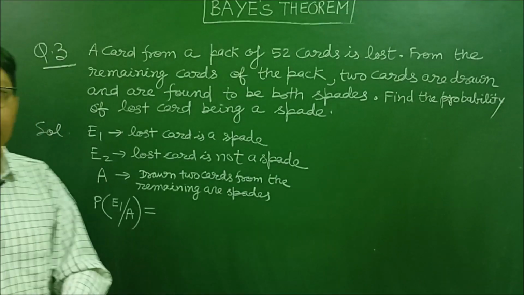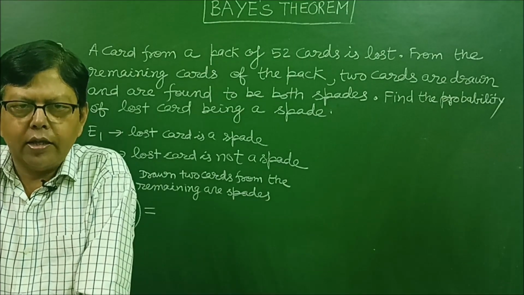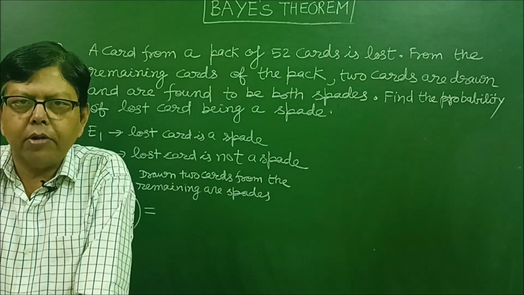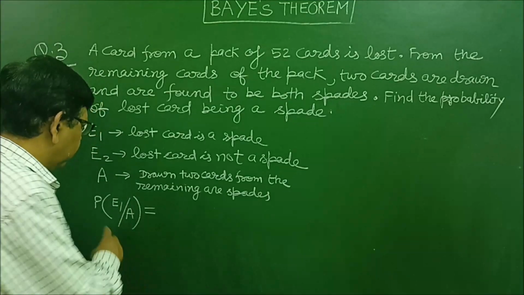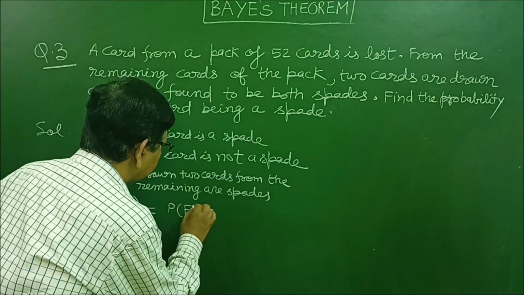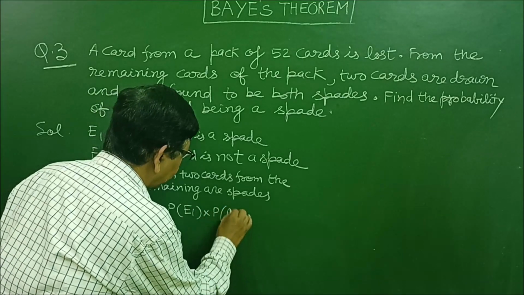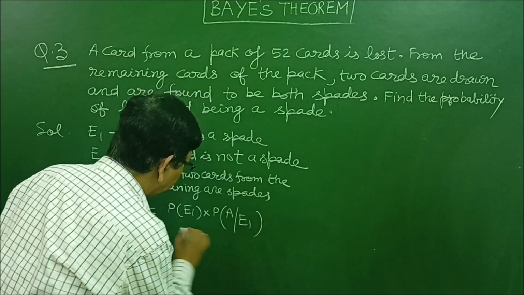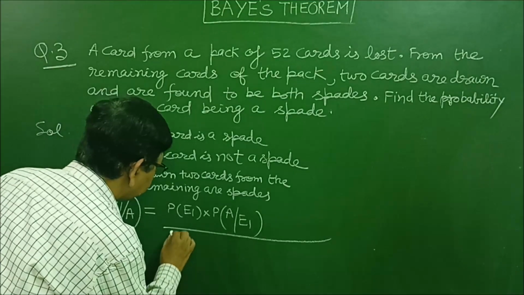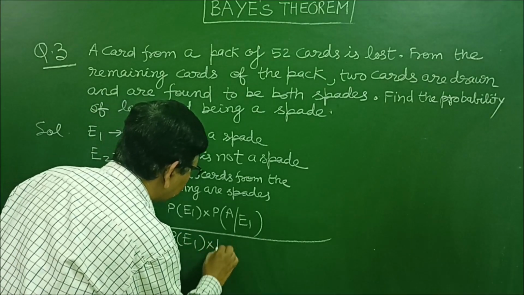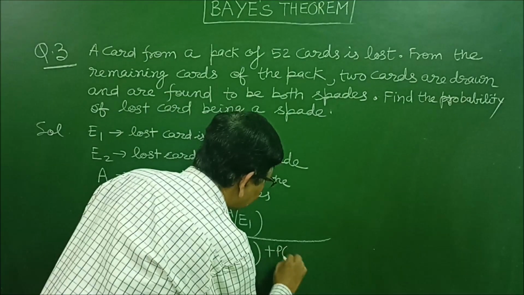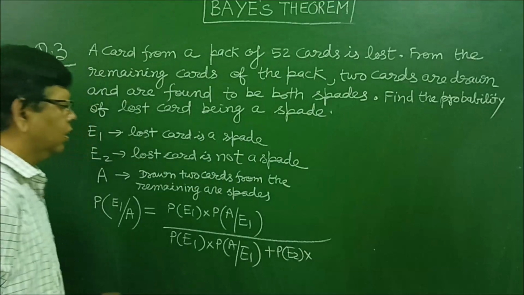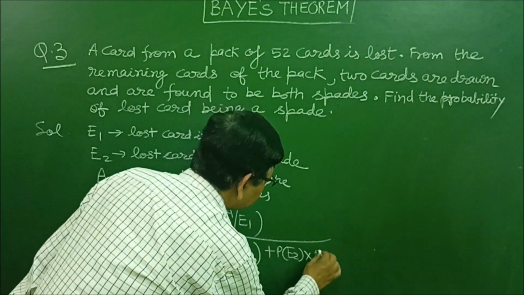Because here events E1 and E2 are happening and with them another event A is happening, we will apply Bayes theorem to solve this question. So probability of E1 into probability of A given E1, upon the sum of both these probabilities with A, that is probability of E1 into probability of A given E1, plus probability of E2 into probability of A given E2.